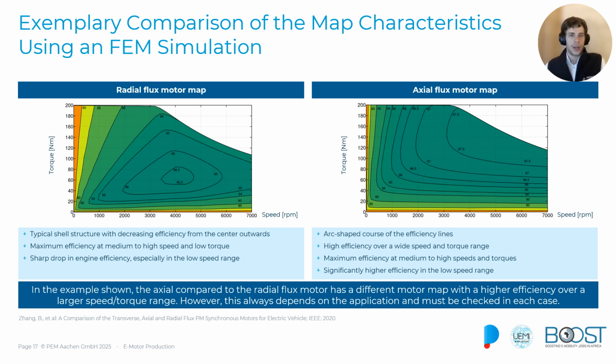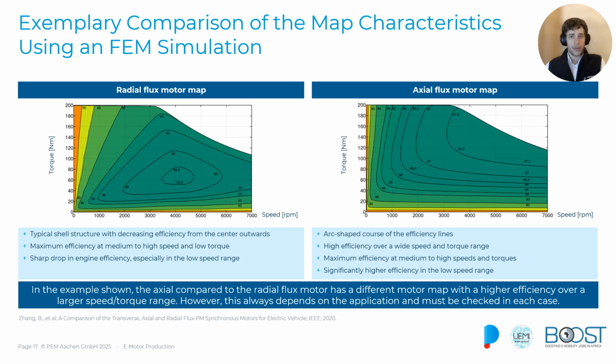To show that and to make obvious how efficient both radial flux and axial flux motors are, we compare the different motor maps with each other. These show the efficiency based on the torque and the speed given in revolutions per minute. Just a quick look shows that the axial flux motor on the right side is more efficient in low and high speed with high torque at the same time.